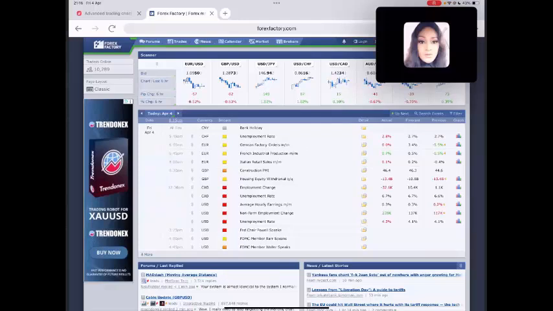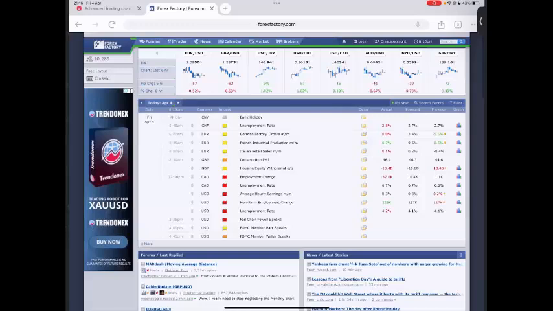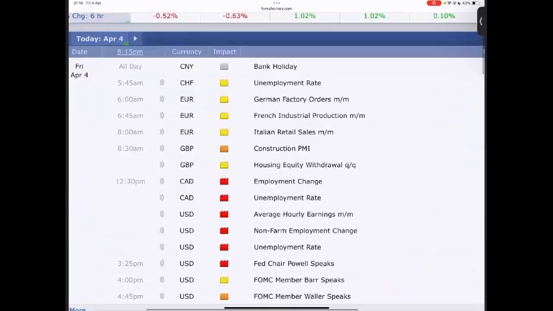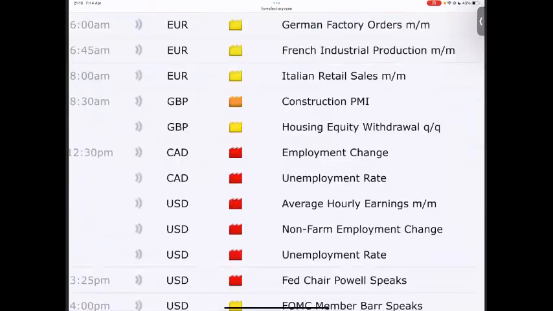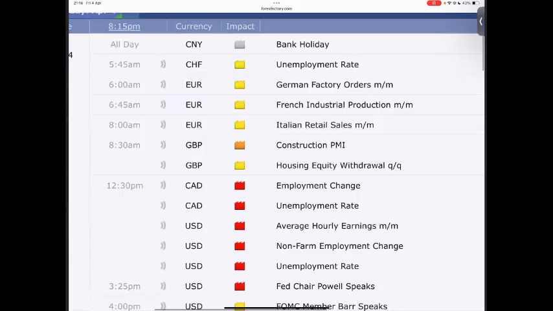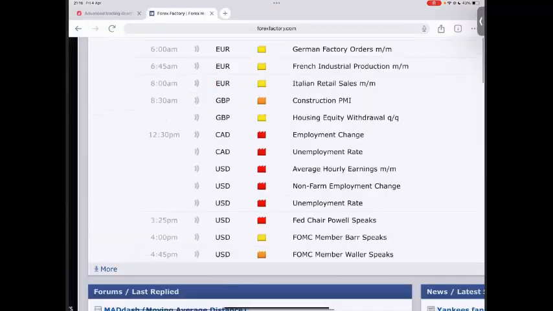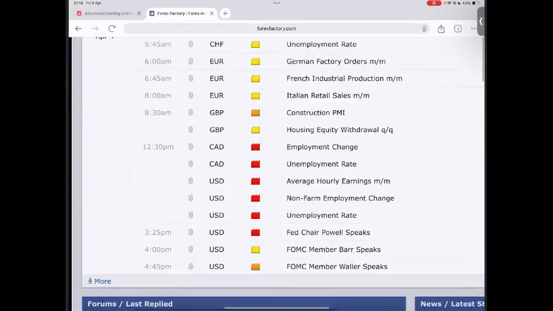Now, some of these boxes are red, some of them are orange, and some of them are yellow. Whenever you log into forexfactory.com to check news for that current day, the ones that are shown in red are the high impact news. They are the ones that affect the market.